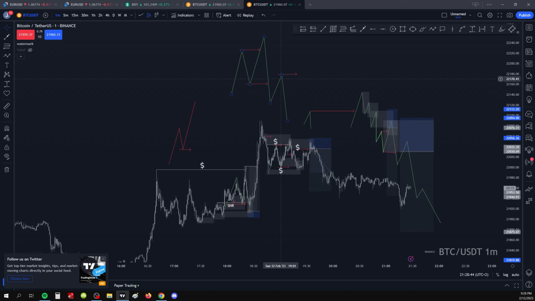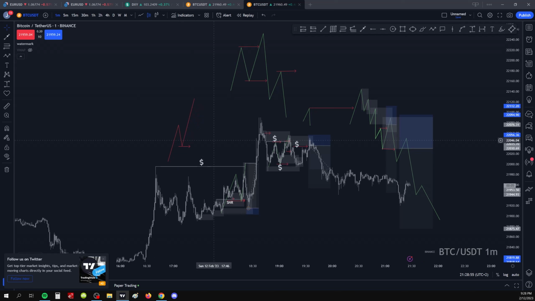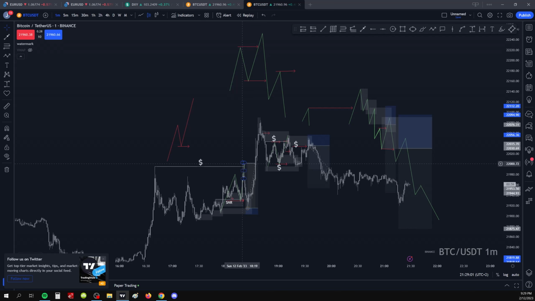The first high after a break is an inducement. And also, inducement can be anything actually. Even this high acts as inducement here because we took the high, we took the stops, and we reversed.